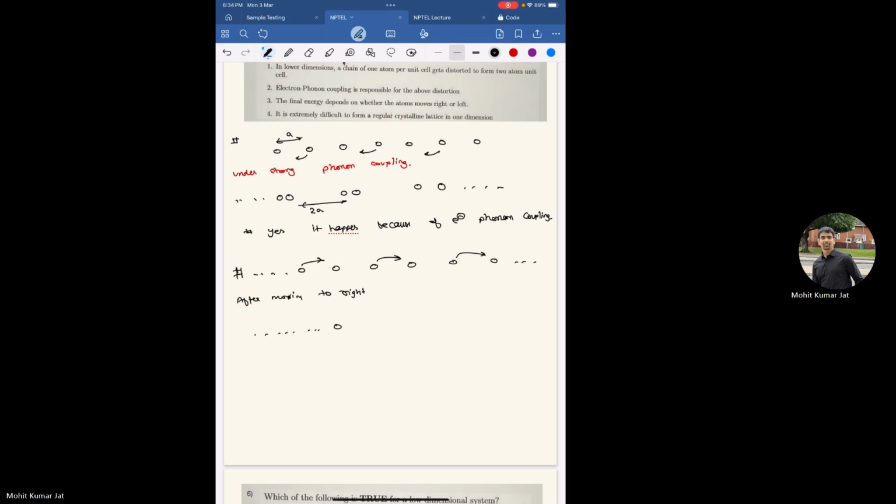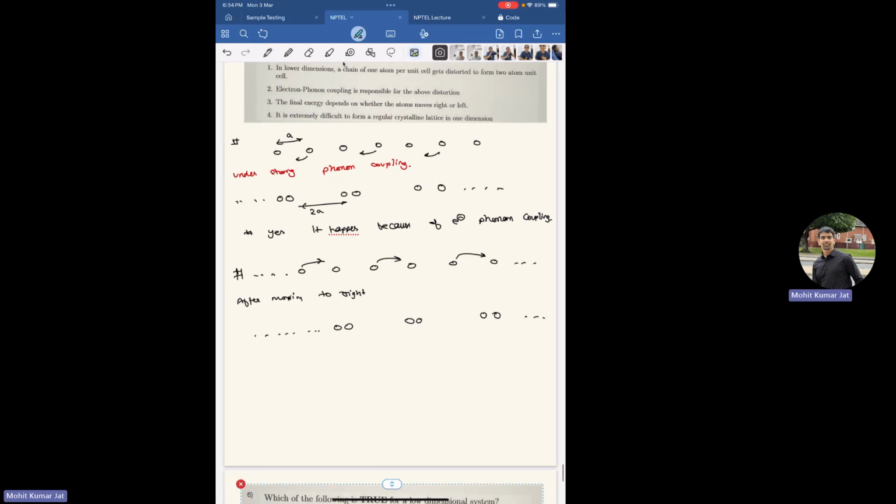This atom moves here, and there will be space. Initially it was A, now it is 2A. Let's do it after moving to the left. If they move to the left, what will happen? Here, then there will be nothing, here, and here.